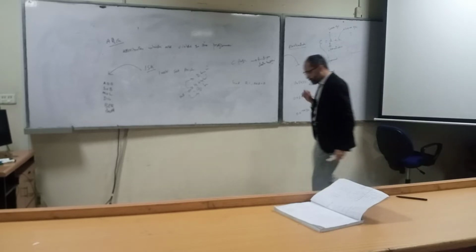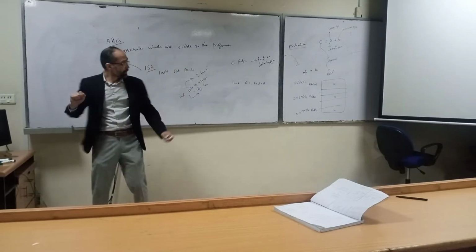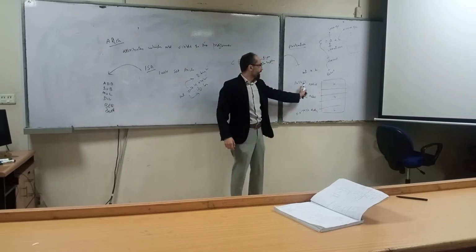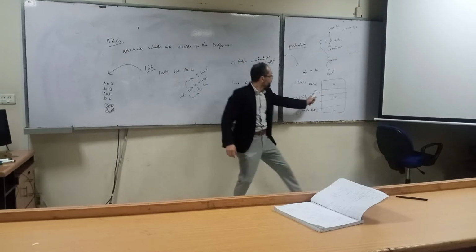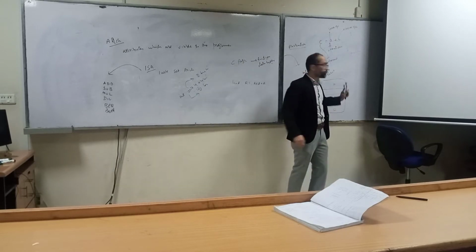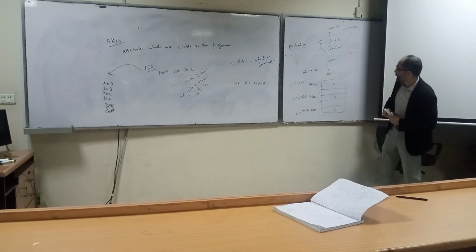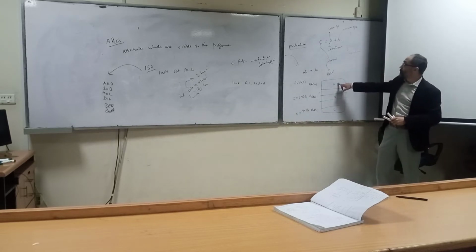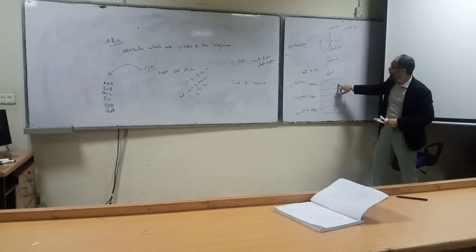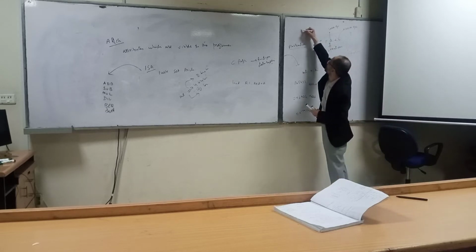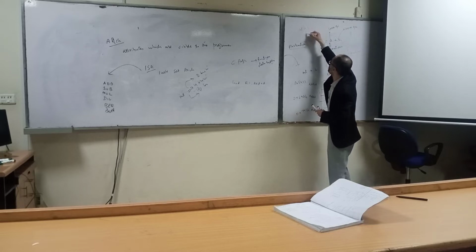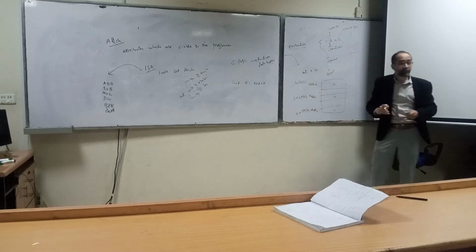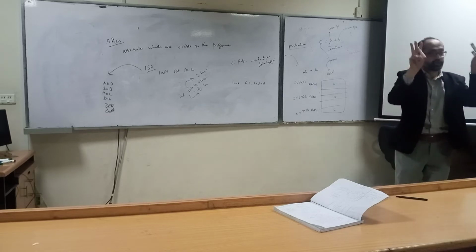Okay, so now, this is an address. This is the data, the actual data. Now if you declare these variables int a, b and c, then with this statement the compiler will allocate 3 memory locations.